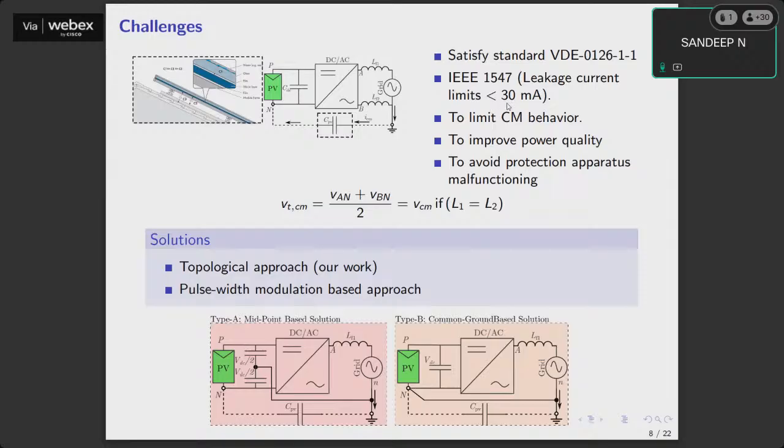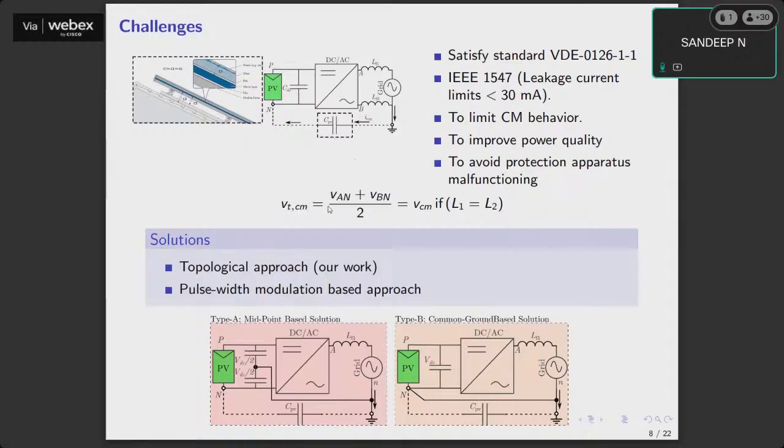Okay, 300 milliampere is the value that is decided in the standard, and we have to limit the common mode behavior, improve the power quality, and avoid apparatus malfunctioning. So these are the challenges that we need to take care of on our inverter side. And of course, the inverter is not the reason for this. The reason is the parasitic capacitance. But through the inverter, we will try to address this issue.